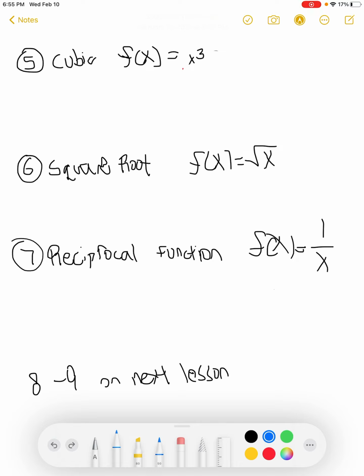Once again, f(x) and y are the same. I think it's kind of dumb that they put that there, but I guess they just want you to do that. So, let's say x was 1, take the square root, and 1 would be the y. 4, and then 2. So, you can see how that goes.